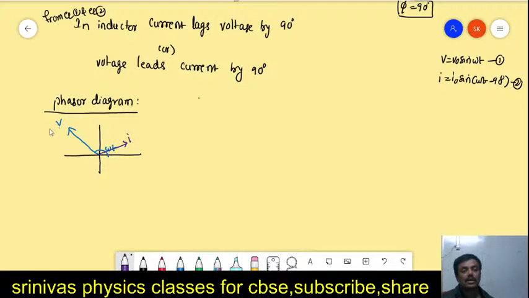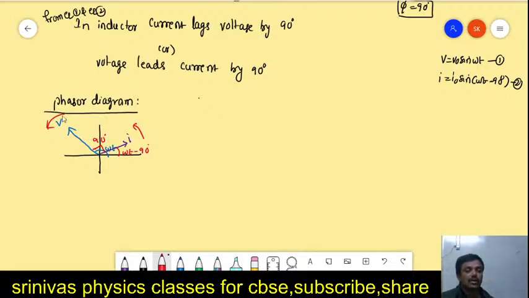The current is behind the voltage, and the current angle is this angle. This angle is 90 degrees, and this angle is omega t minus 90. The current is rotating anti-clockwise, and the voltage is also rotating anti-clockwise, but the voltage rotates ahead of the current.